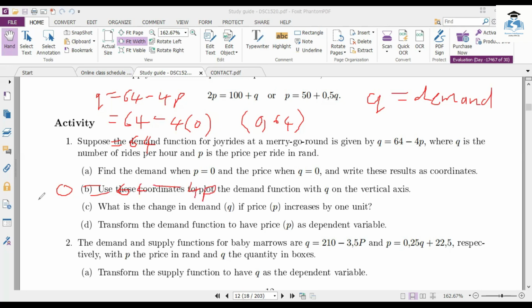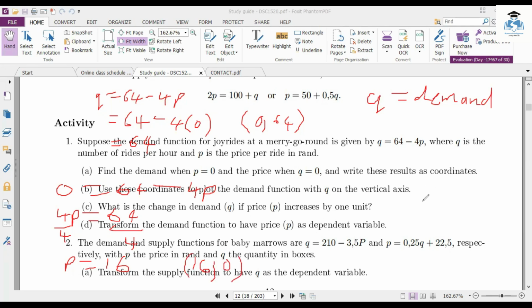Then this one goes there. So 4P is equal to 64. Then you divide by 4. So P is equal to 16. And they say write as coordinates. So 16, 0.